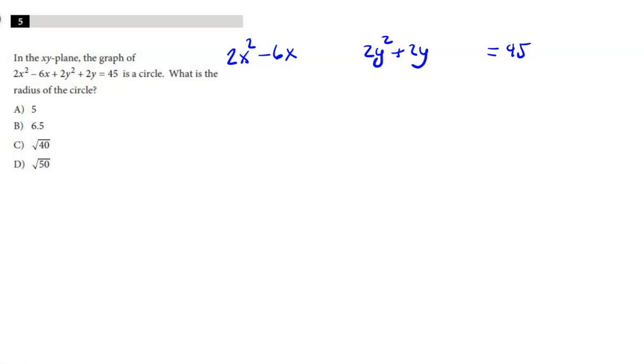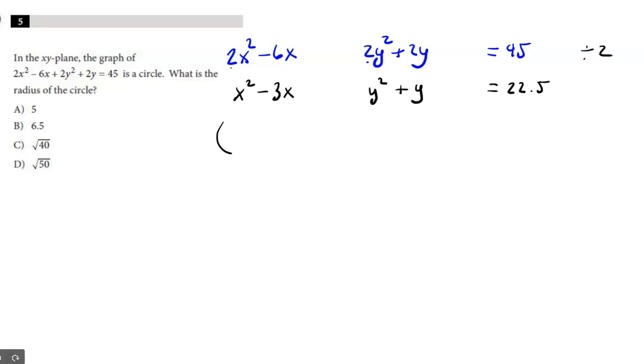Right away, I don't like these 2's as coefficients, so I'm going to divide everybody by 2. Dividing the whole thing by 2, I get x squared minus 3x, y squared plus 1y equals 22.5. So all I did was divide everybody by 2 there.